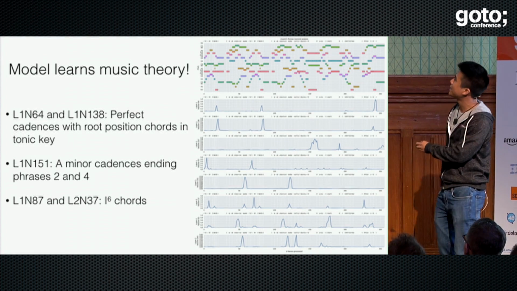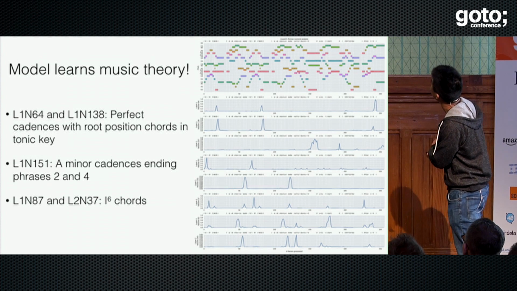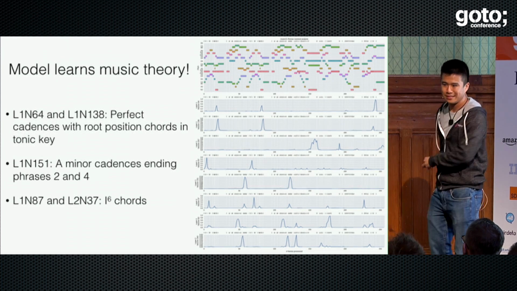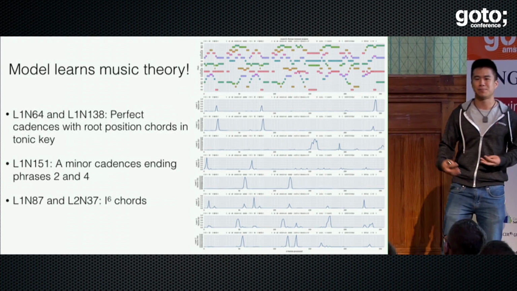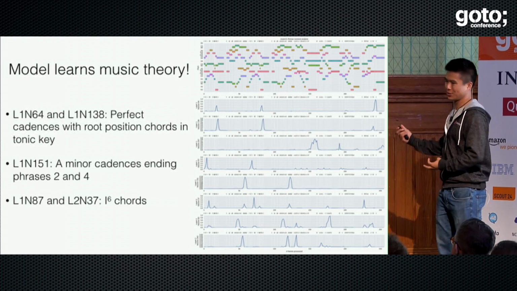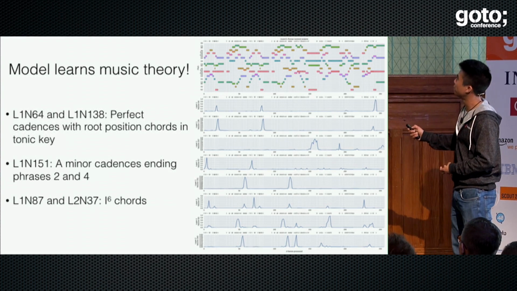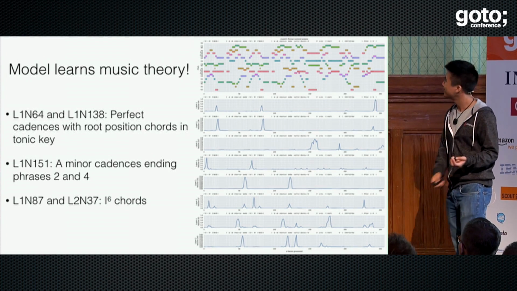A minor cadences ending phrases 2 and 4. No, that's this one, sorry. And again, I look up here. OK, yeah, that kind of chord right there looks kind of like that chord right there. Huh. They seem to be specializing to picking out specific types of chords. OK, so it's learning Roman numeral analysis and tonics and root position chords and cadences.